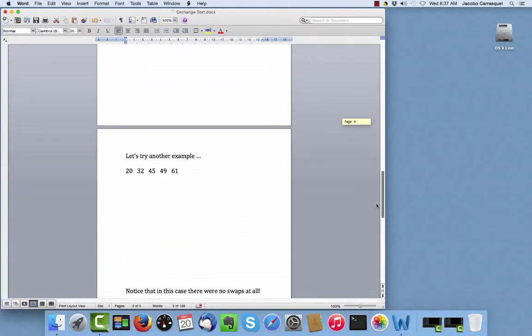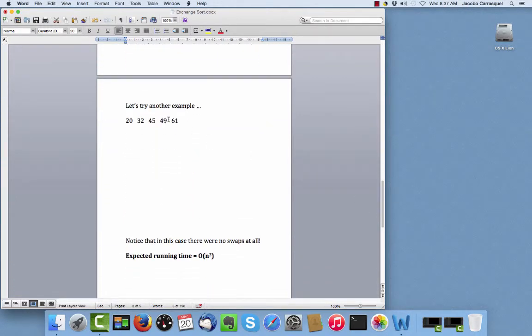All right, now let's do something a little bit different. What if we have a different set of values which are, for example, in order? Look at the values that we have, and we quickly, visually realize that these are already sorted. Now, the algorithm doesn't know that, so it is going to start by doing the same series of steps, which is compare the first two. They are not out of order, they are already sorted, so no swaps.